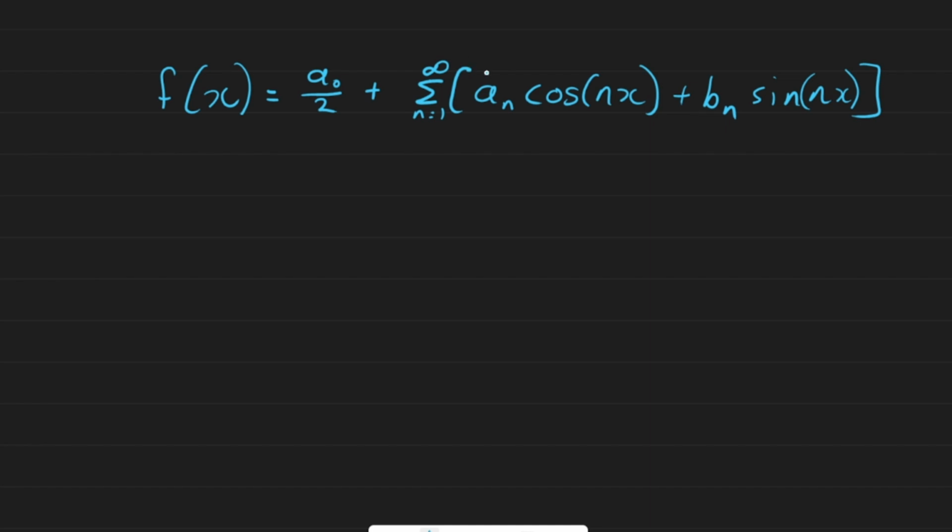So how these integrals are going to help us is to find the values of an and bn. So these things are called Fourier constants.